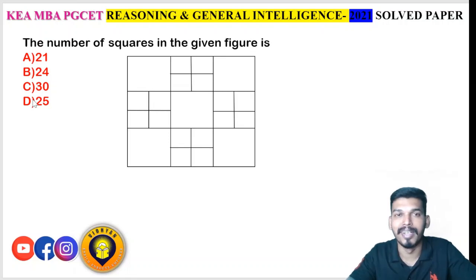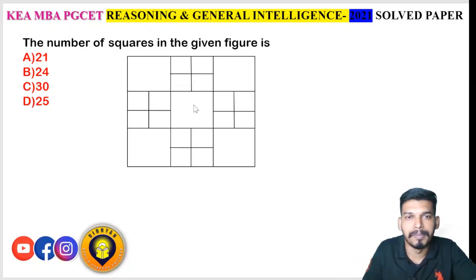Interesting. The number of squares in the given figure is, you have to count how many squares there are. Just do it manually. Okay, but be careful, don't miss any squares now. Here, this is one square complete, another square 1 2 3. So this is one complete square 4 5 6 7 8 9.